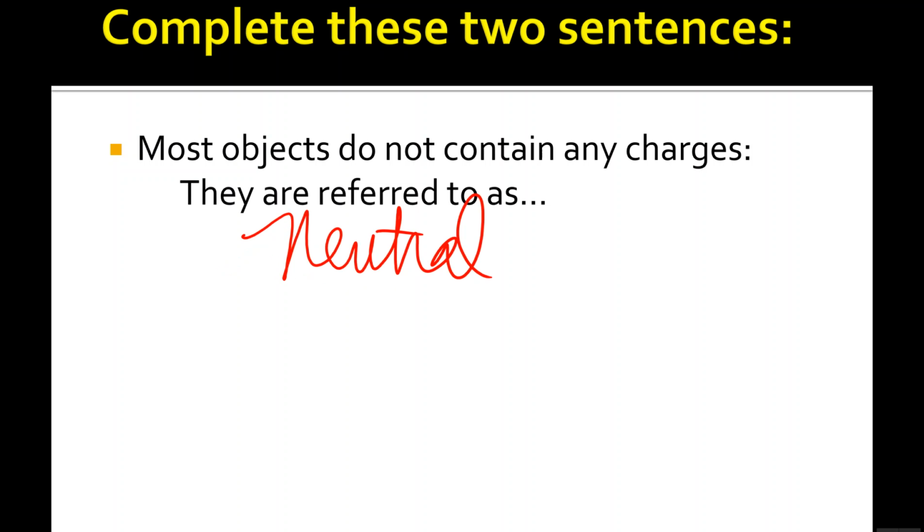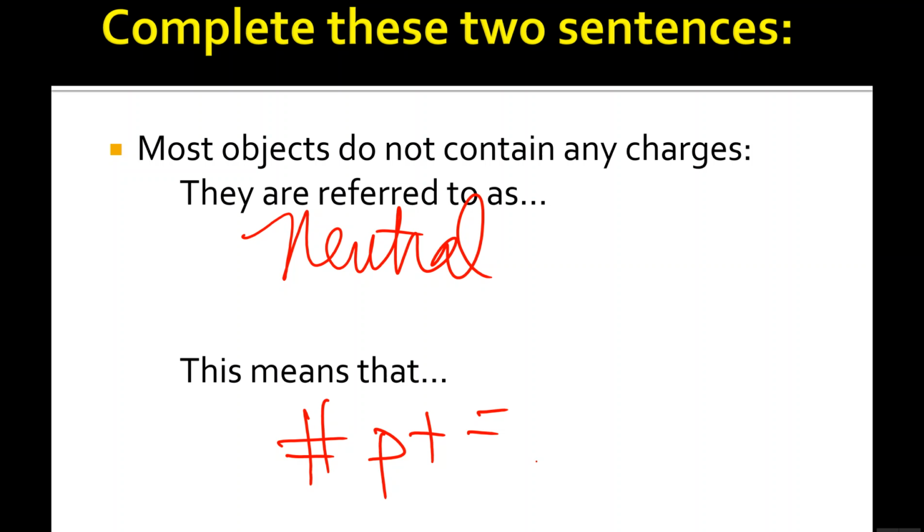And what does it mean when you're neutral? Absolutely. If anyone didn't hear that, it's that there are the same number of protons and electrons. So this means that the number of protons is equal to the number of electrons.